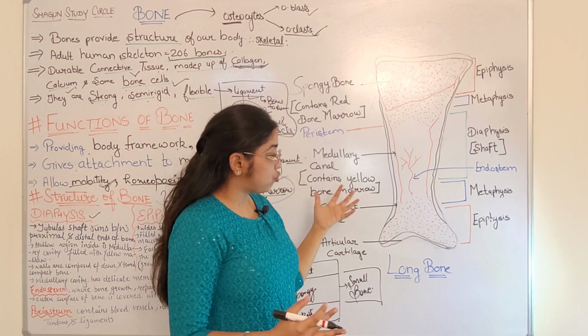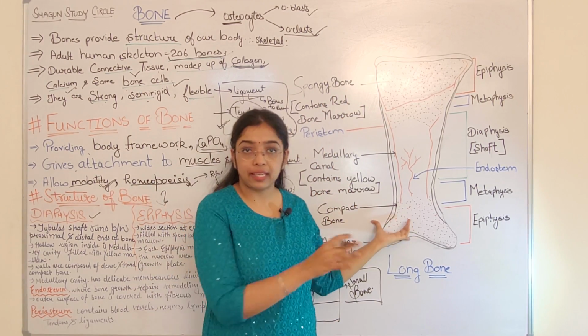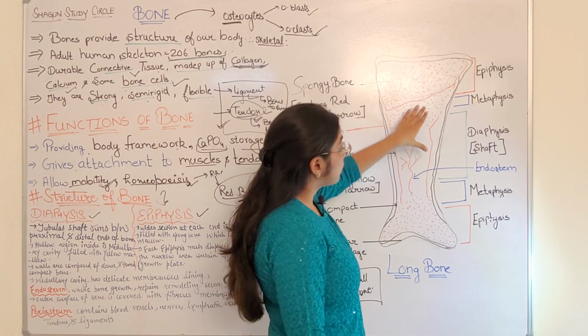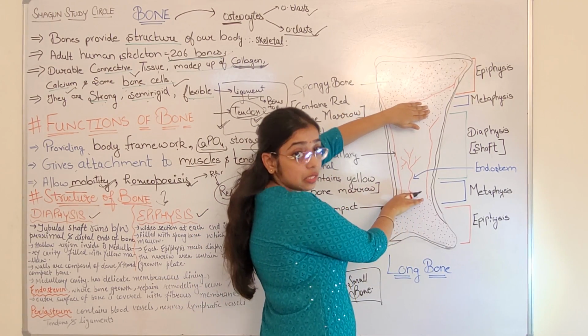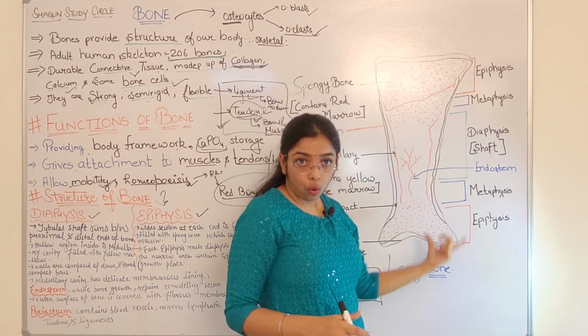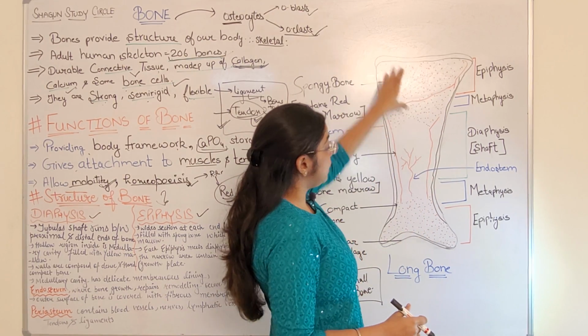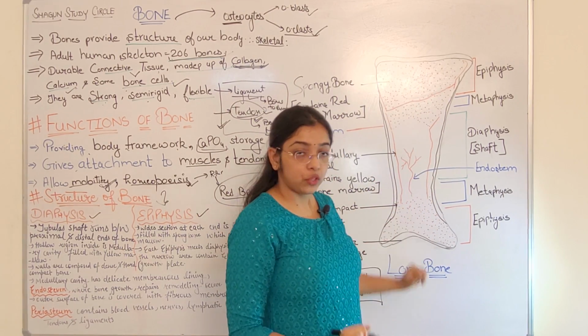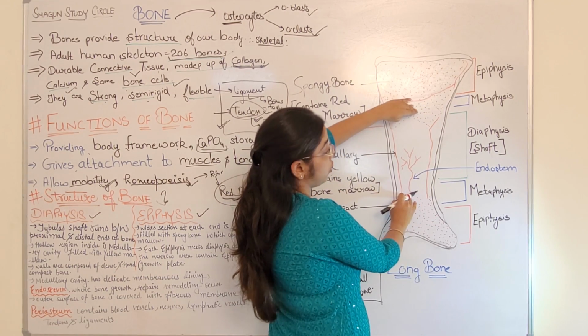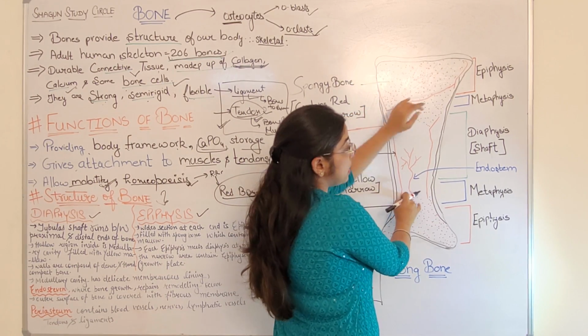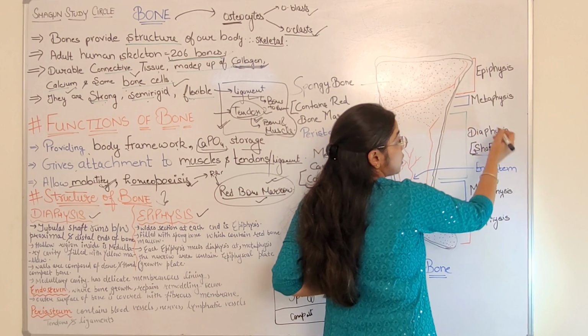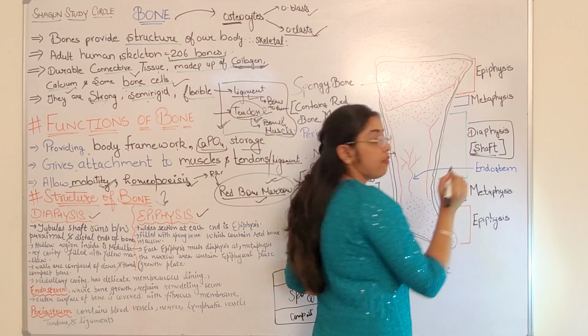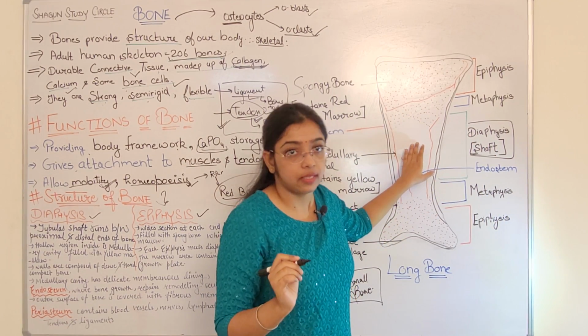We have seen in pictures somewhere our bone looks somewhat like this, right? Now, this is the middle portion, the shaft, the long portion, whereas these are the ends. So the middle portion, or the stalk, or shaft, is called the diaphysis. This is the diaphysis.